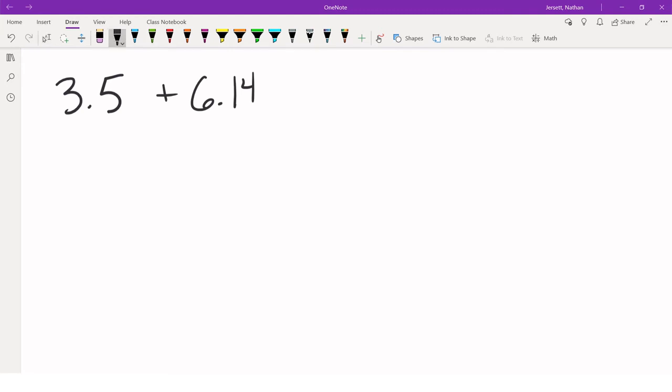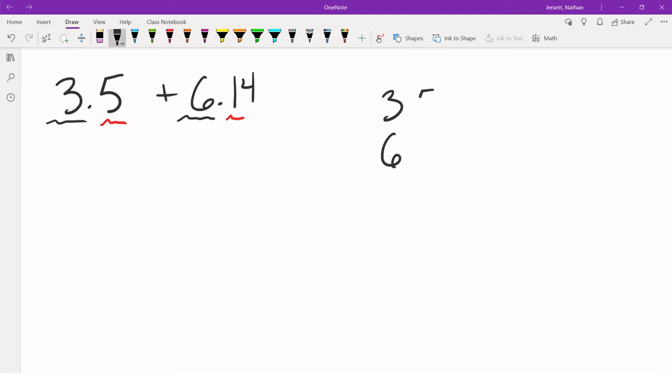Now we wouldn't add 6 ones to 5 tenths because they're not the same quantities. 5 tenths is much smaller than 6 ones. However, 3 ones and 6 ones are the same quantity. So let's take 3 and add that to 6. Now 5 and 1 here, 5 tenths and 1 tenth, those are also the same quantity.